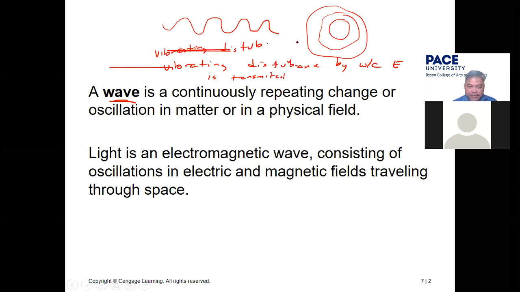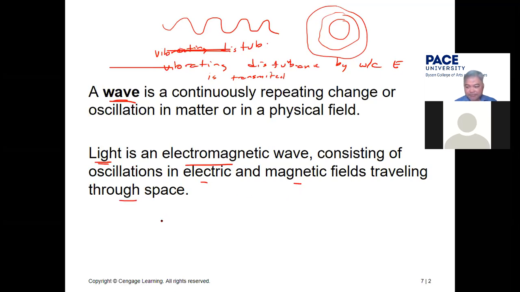Okay, and the thing that they look at as a wave is the so-called light. They say light is made up of what? Electric and magnetic components, an electromagnetic wave. So it consists of oscillations in electric and magnetic fields traveling through space.